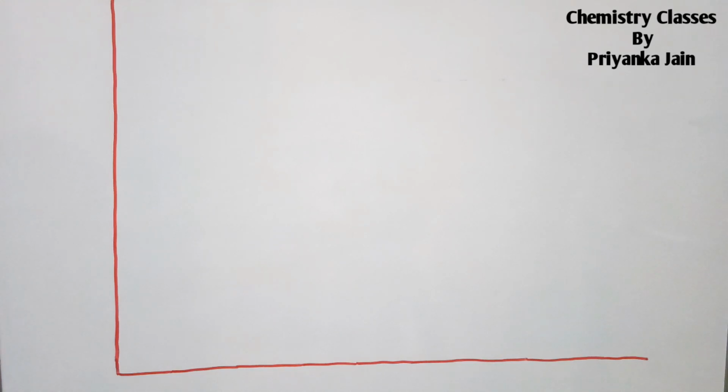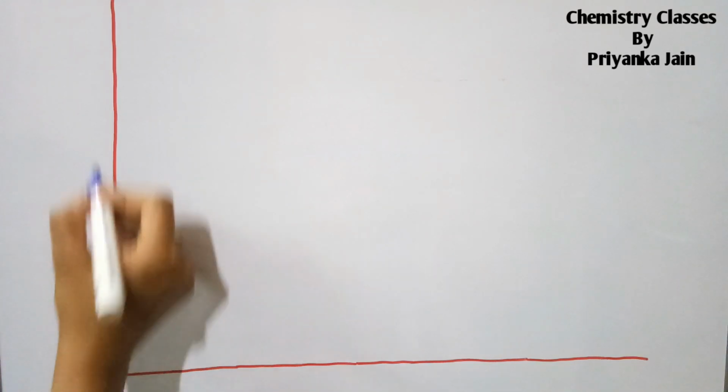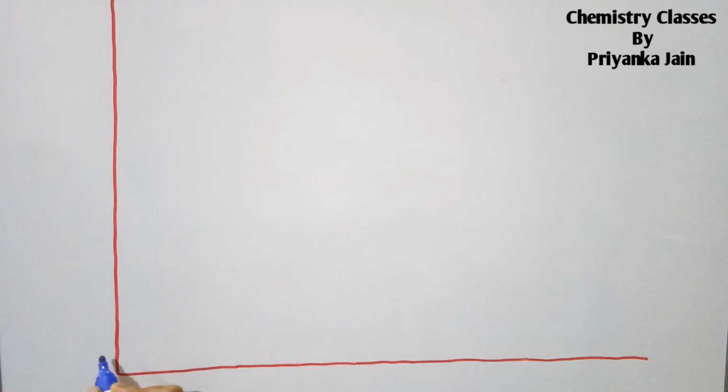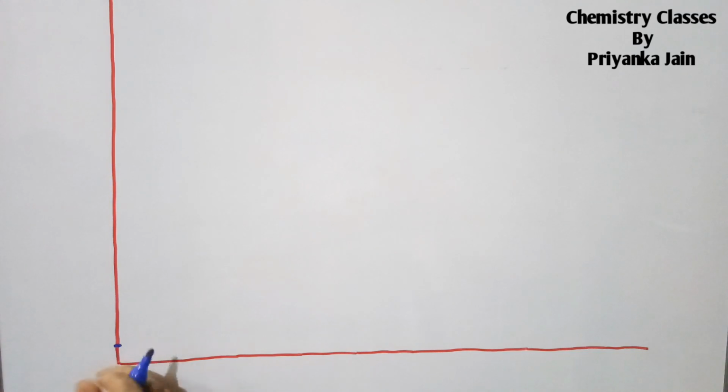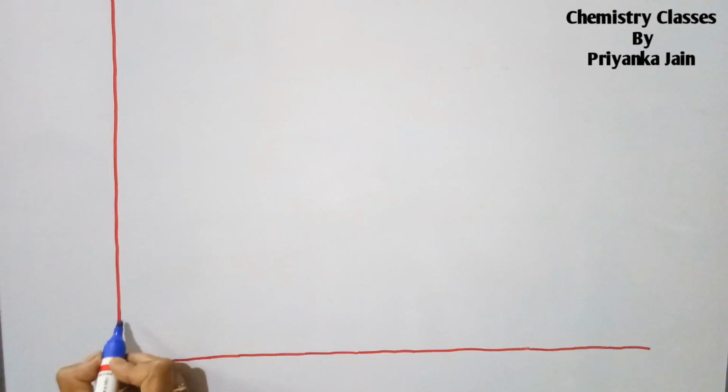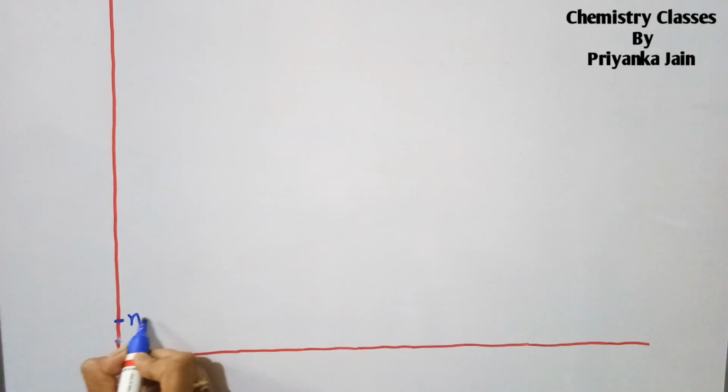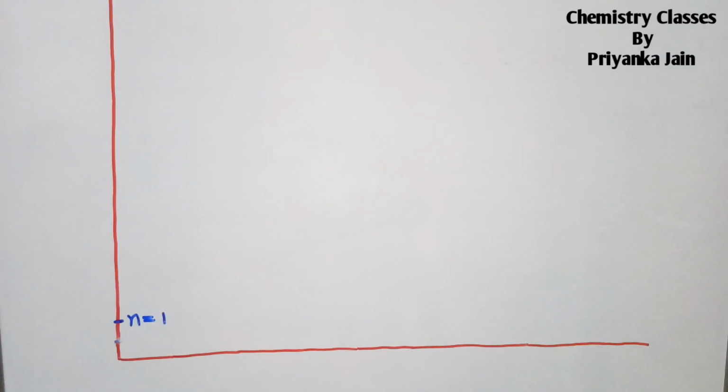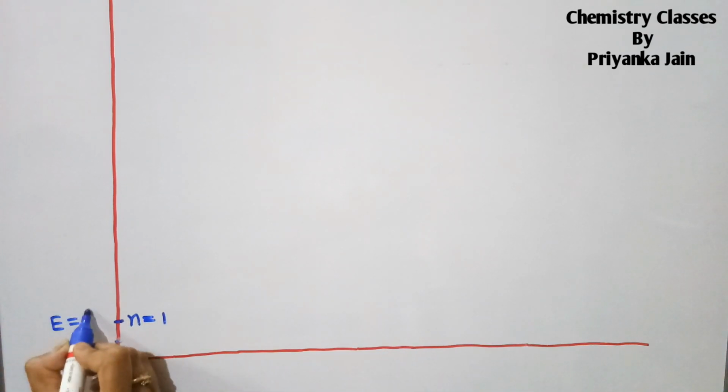So we have to plot a graph here, and on this axis we have to write the quantum number. Suppose when the value of n is equal to 1, what will be the energy? Energy will be equal to h square upon 8 ml square, right?